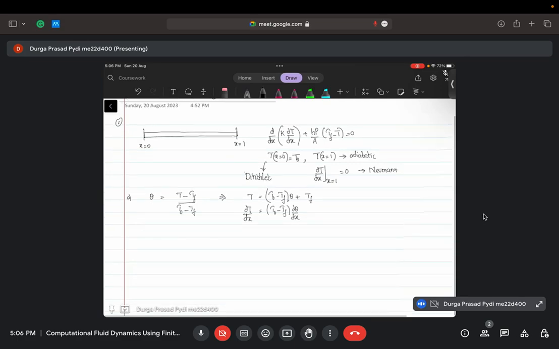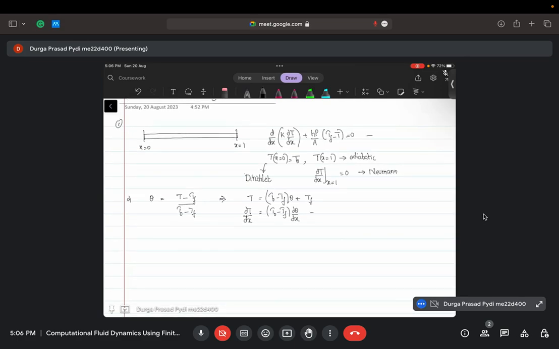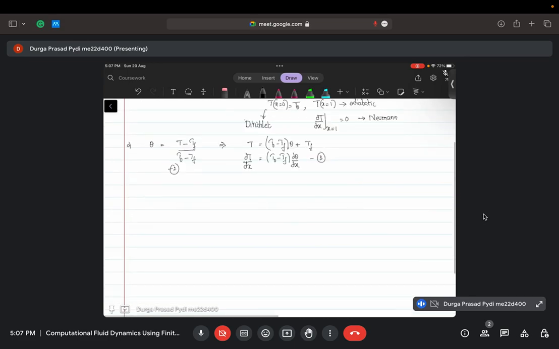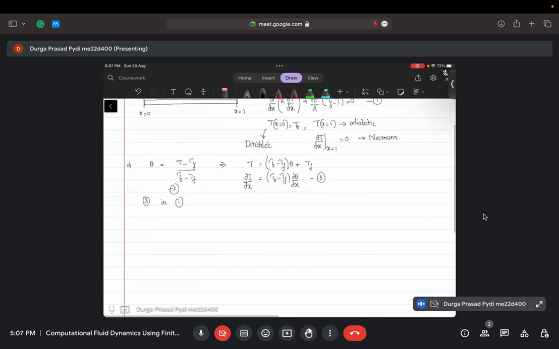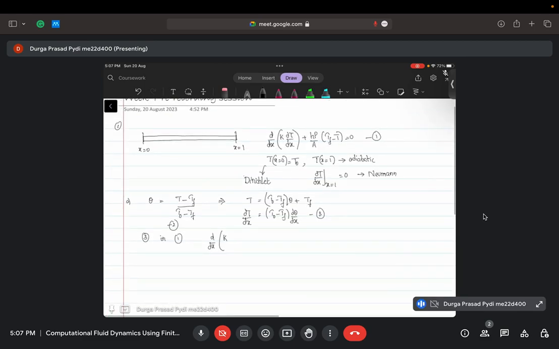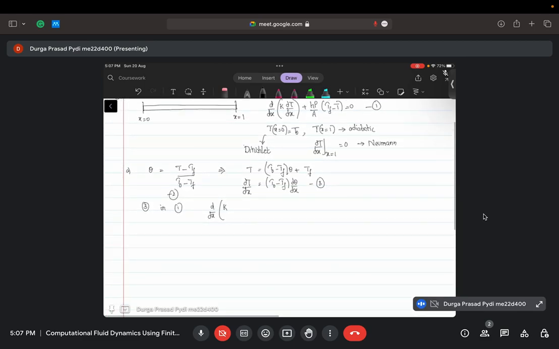So now if this is equation 1, this is equation 2, and this is equation 3, you substitute 3 in 1. What we essentially get is d/dx of k times... T0 is your base temperature, and Tf is the fluid or the ambient temperature. Both are essentially equal to each other.